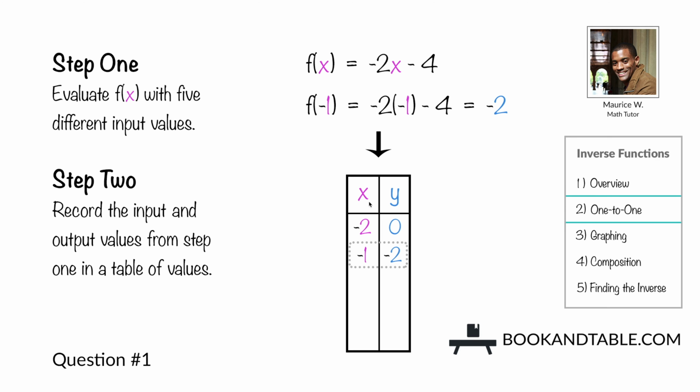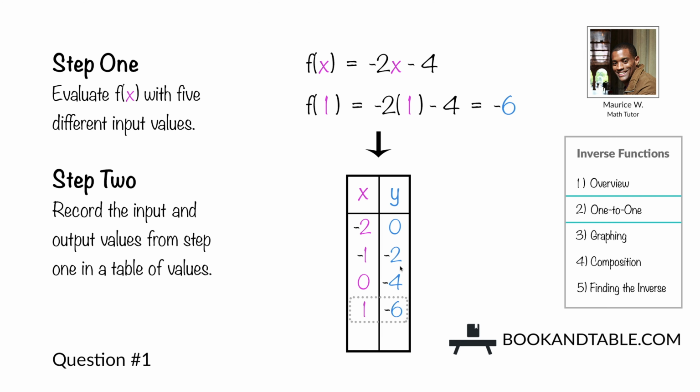For -1, we get f of -1 is equal to -2 times -1, which would give us +2. +2 minus 4 is equal to -2. So the input is -1 and the output is -2. The third point, f of 0 is equal to -2 times 0, which is 0. And 0 minus 4 is equal to -4. So the input is 0 and the output is -4.